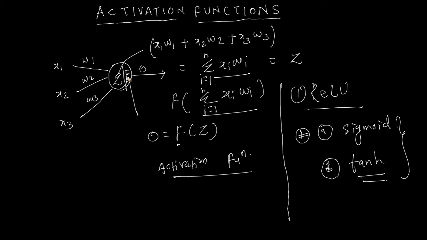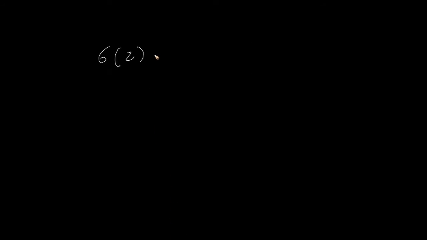If I say this f is sigmoid, it becomes sigmoid of z, which we write as sigma of z. The formula of sigmoid is e power z divided by 1 plus e power z, which is equal to 1 upon 1 plus e power minus z.